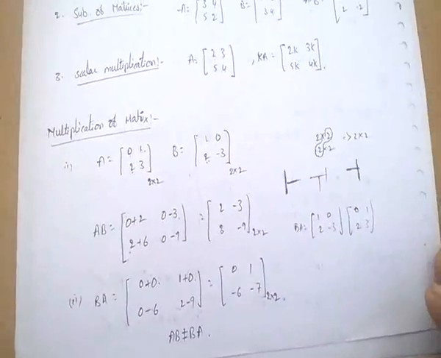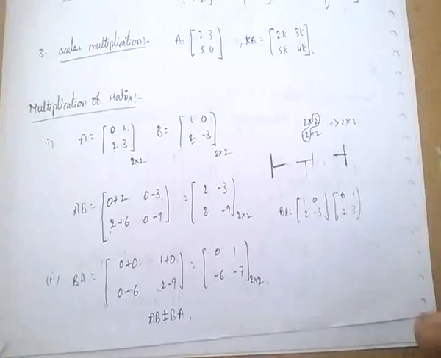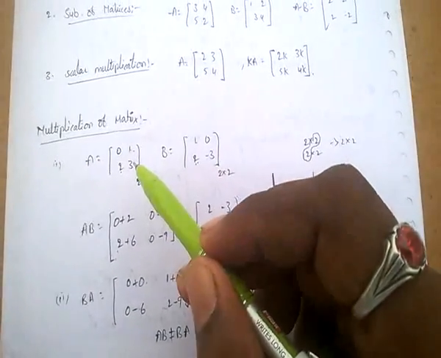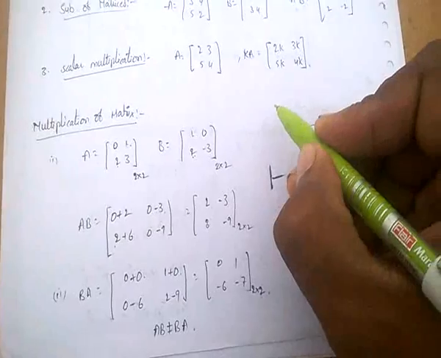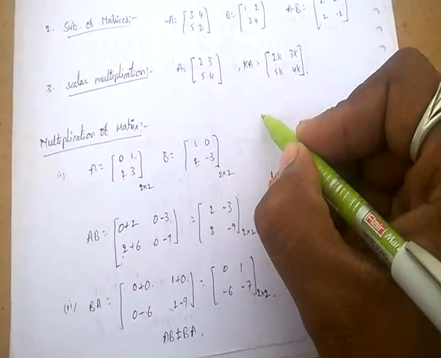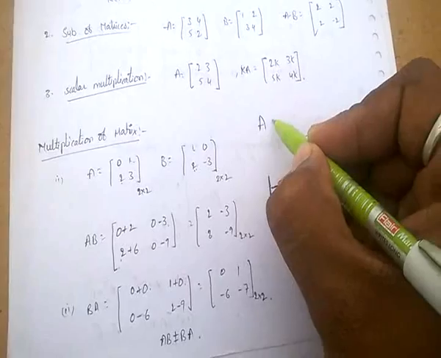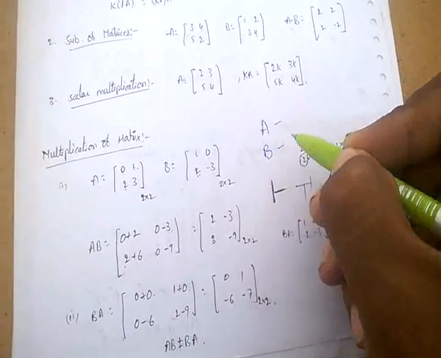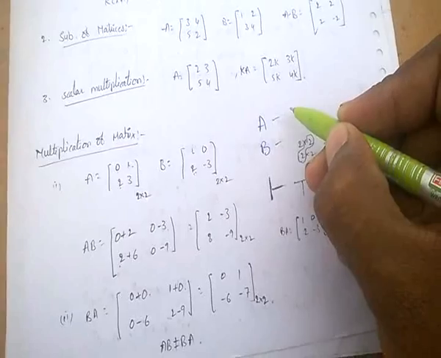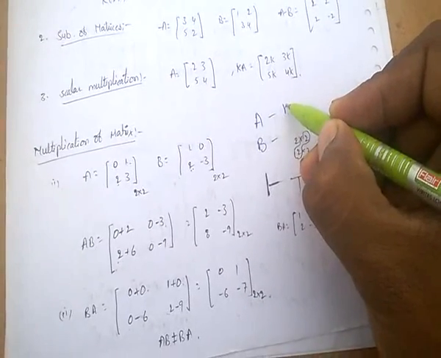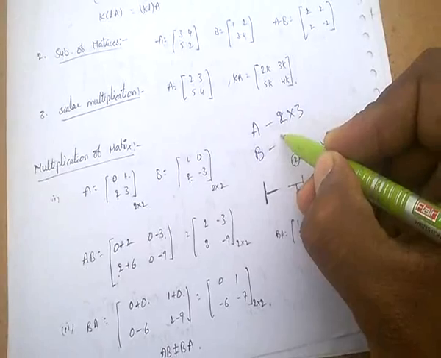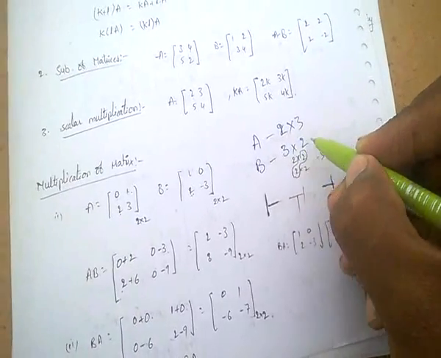Next, multiplication of matrices. Multiplication of matrices is very important. For possibility of multiplication, for example, A is one matrix, B is another matrix. For AB to be possible, if for example this order is 2 by 3, this order is 3 by 2.